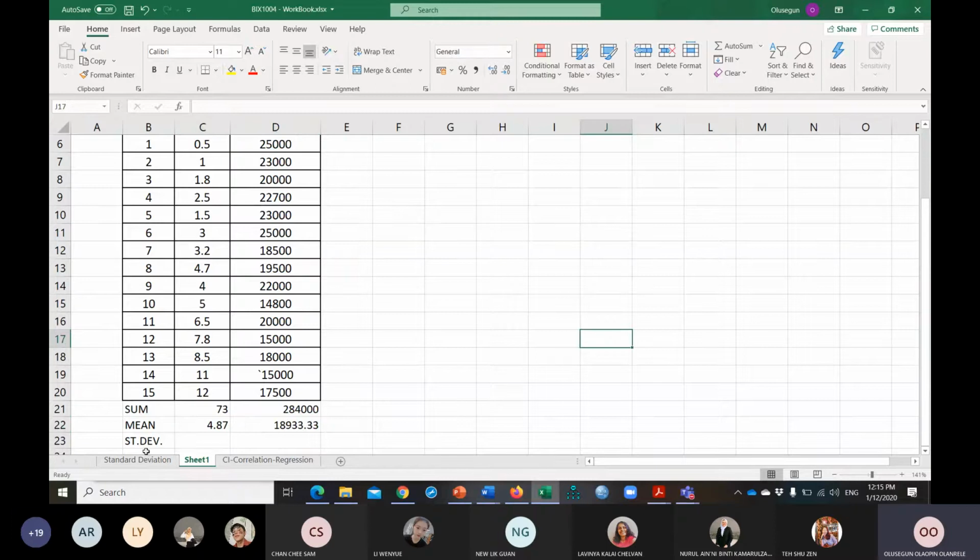So now, the mean distance from the center across all the properties is 4.87 kilometers, while the mean average rent is 18,922 per annum. So whose answer is different from this?